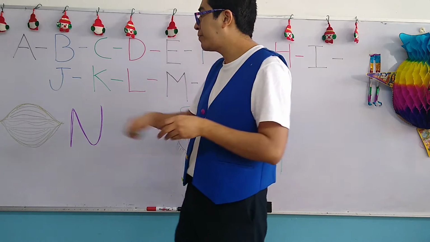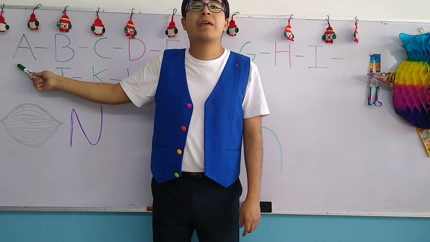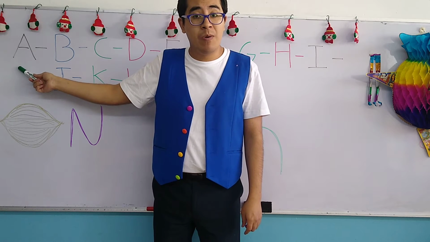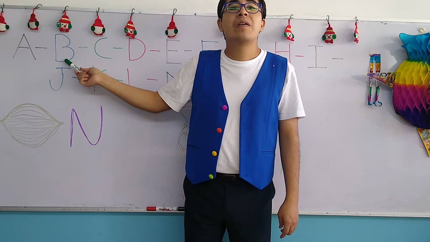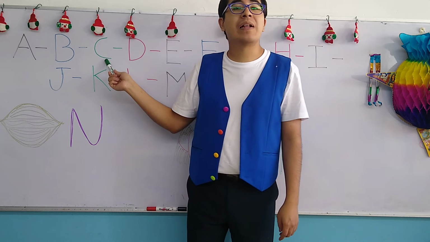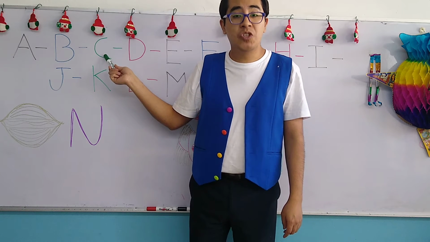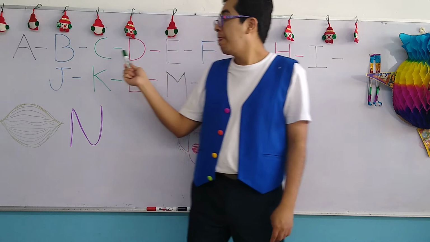Very good. So, capital A, airplane, ambulance. Capital B, boot, bone. Capital C, chair, clown, coin.